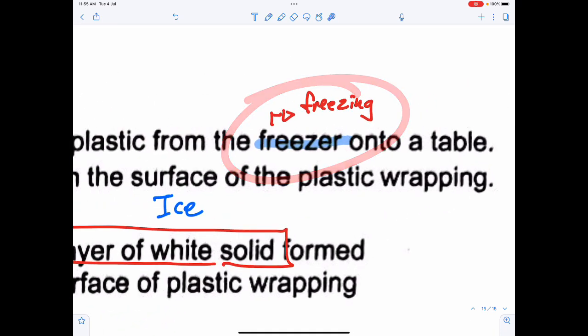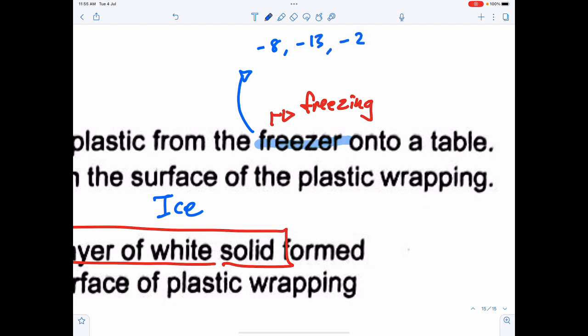So because it came from your freezer, you have to understand, in reality, nobody sets their freezer temperature at 0 degrees Celsius, even though 0 degrees Celsius is the freezing point of water. In reality, we are looking at temperatures like maybe negative 8 degrees or negative 13. Some people even put it at negative 25.